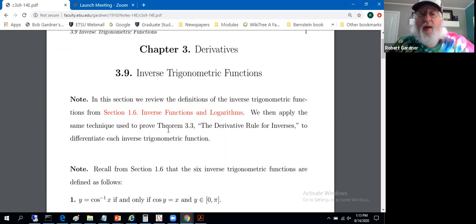So we'll go through now and differentiate inverse trig functions, and we'll do it not really using Theorem 3.3, but using the technique we had in proving Theorem 3.3, where we differentiated the inverse of a function in terms of the derivative of a function.